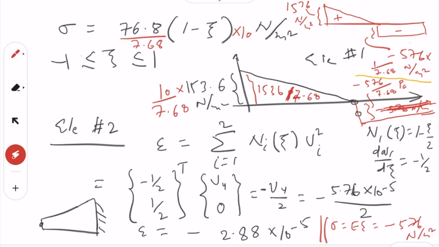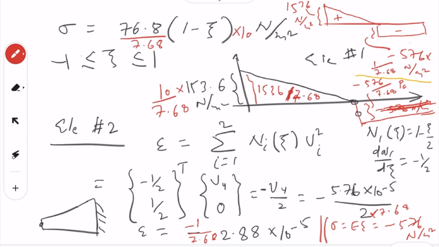So similarly for the second one, we also have to do the same thing. We are using the same u, so we have to divide by 7.68. So let's have here 1 minus 1 over 7.68.